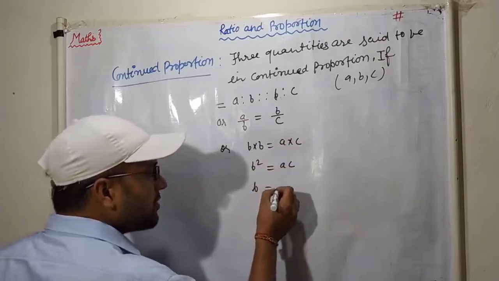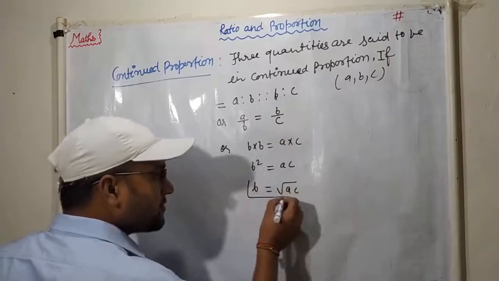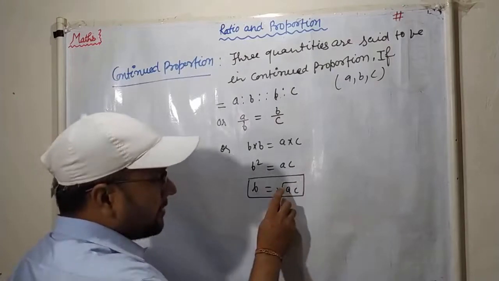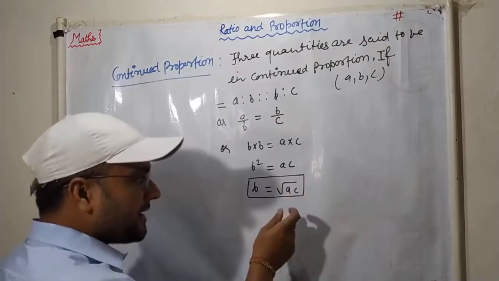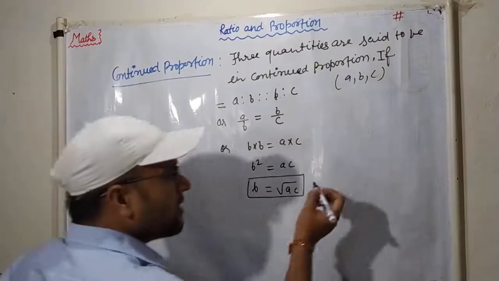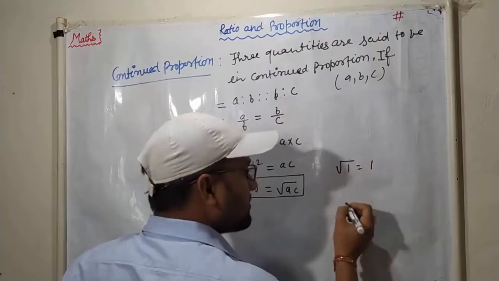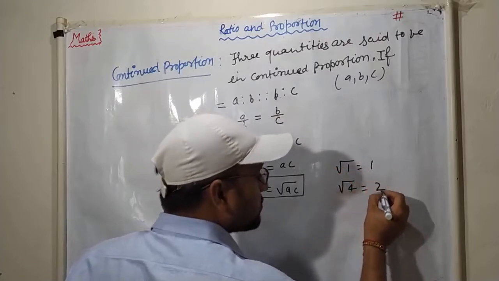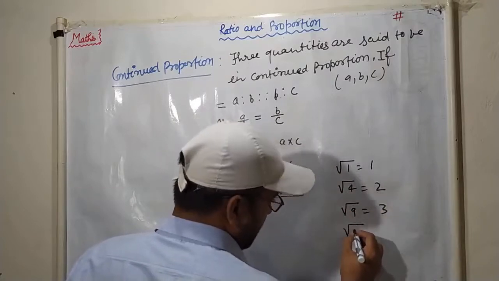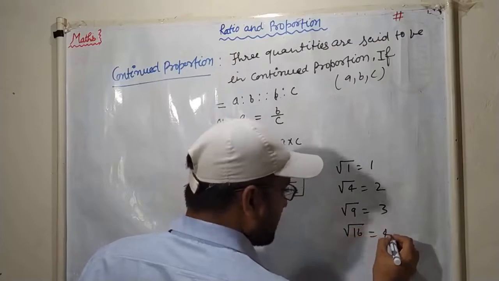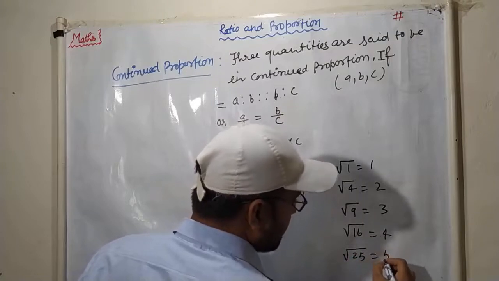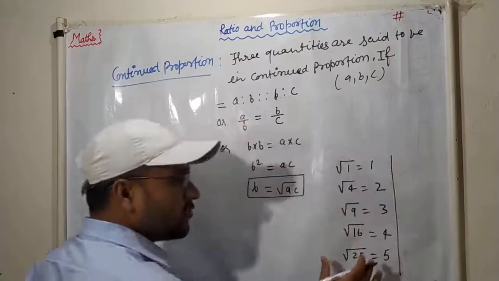Then B is equal to root. This is called a root, which means taking a quantity that is a product of two same numbers. Square root of 1 is 1, square root of 4 is 2, square root of 9 is 3, square root of 16 is 4, square root of 25 is 5. Students, you will learn this.